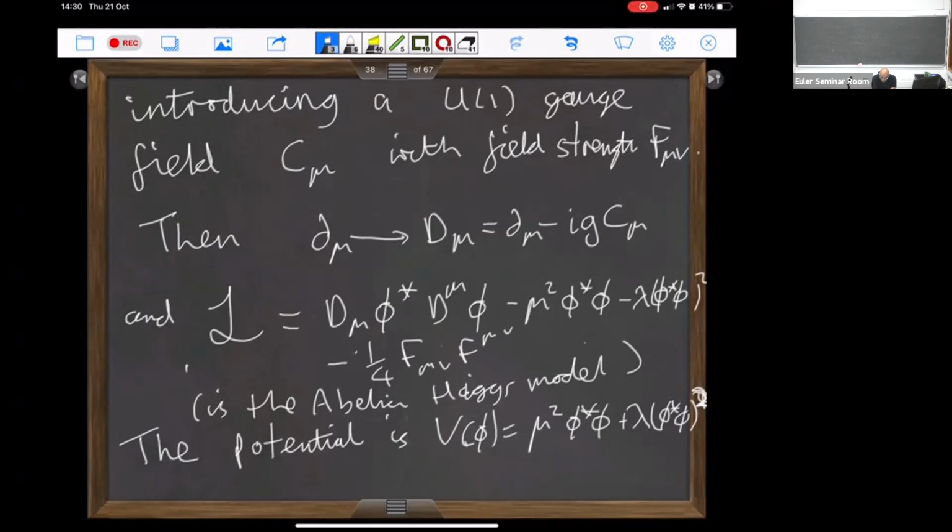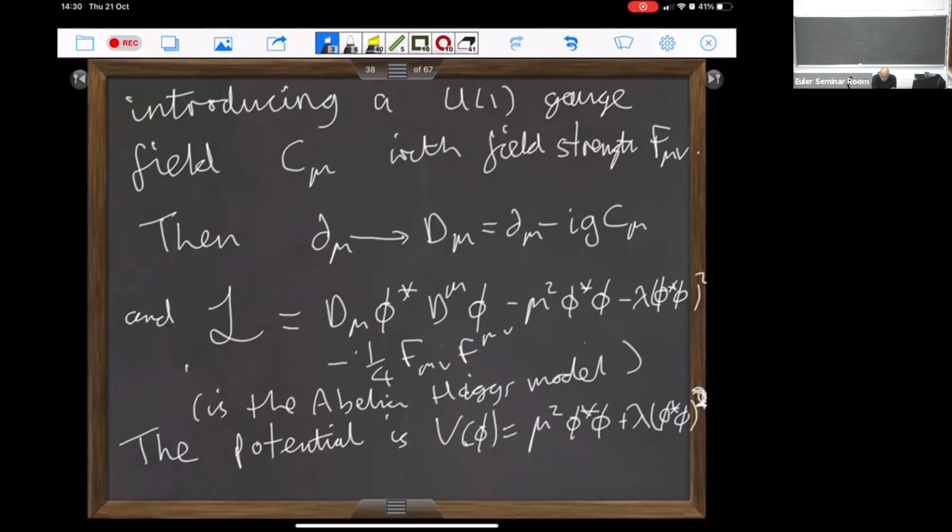But for the quadratic term, there's actually no constraint on its sign. It could be positive or negative, even though I've called it mu squared. I'm calling it mu squared for historical reasons, or rather, it's canonically called mu squared in the literature. But mu squared could be positive or negative.